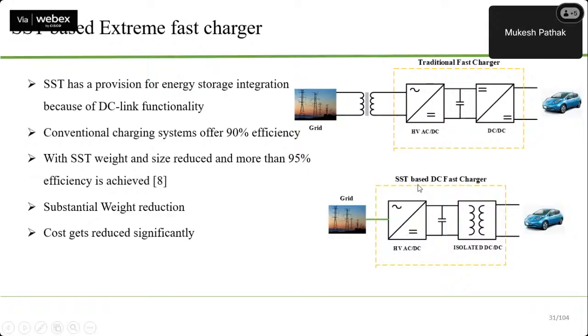In the case of an SST-based fast charger, this is a HV AC to DC conversion. Then the DC-DC converter becomes part of the solid state transformer. And what you need to install is only the solid state transformer, which is fed from this HV DC.